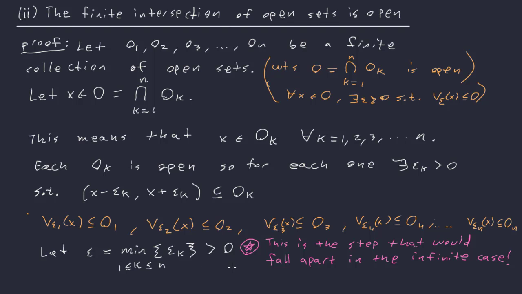Okay, because we wouldn't be able to take the minimum necessarily, and if the epsilon k's converge to 0, there's no minimum anymore. The infimum would be 0, and then you couldn't make an epsilon neighborhood with 0, right? That epsilon always has to be greater than 0.